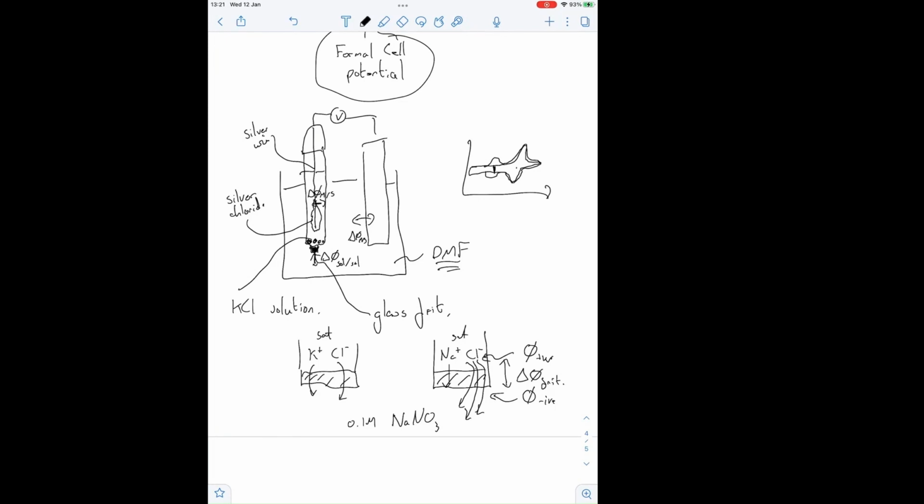If I use potassium chloride, because their transport numbers are the same, or the mobilities of potassium and chloride are very, very similar, they actually come out at roughly the same rate. So my difference in Galvani potential across the glass frit is 0, or close to 0.